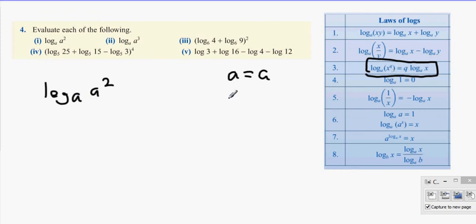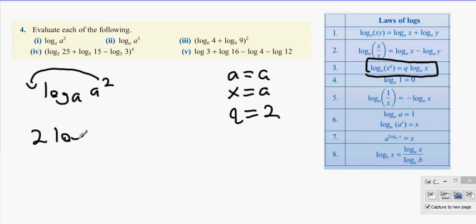X also equals A, doesn't it? In the x's position we have A, and in the q's position we have 2. Long story short, when you have a power, you can bring the power to the front. So the answer will be 2 times log base A of A. What's log A to the base A? 1. 2 times 1? 2.